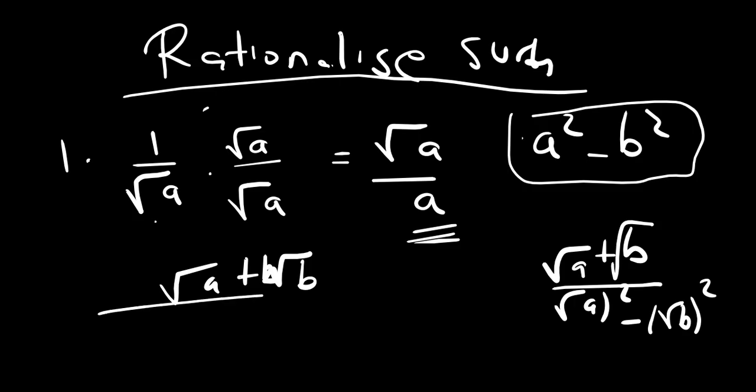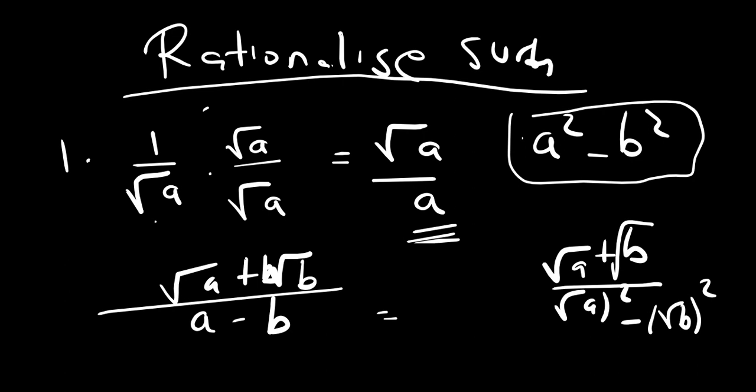This is dividing by the square root of a squared, which is just a, minus the square root of b squared, which is just b. So by doing that, you've simplified the surd. You've rationalized the surd.